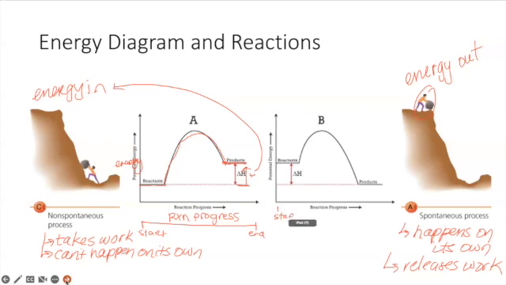This is the start of the reaction to the end of the reaction, and this is my energy. I started here with my reactants. My reaction took place, and I ended at a lower energy level. So starting here and ending here, I went down on the y-axis. And this corresponds with energy out.